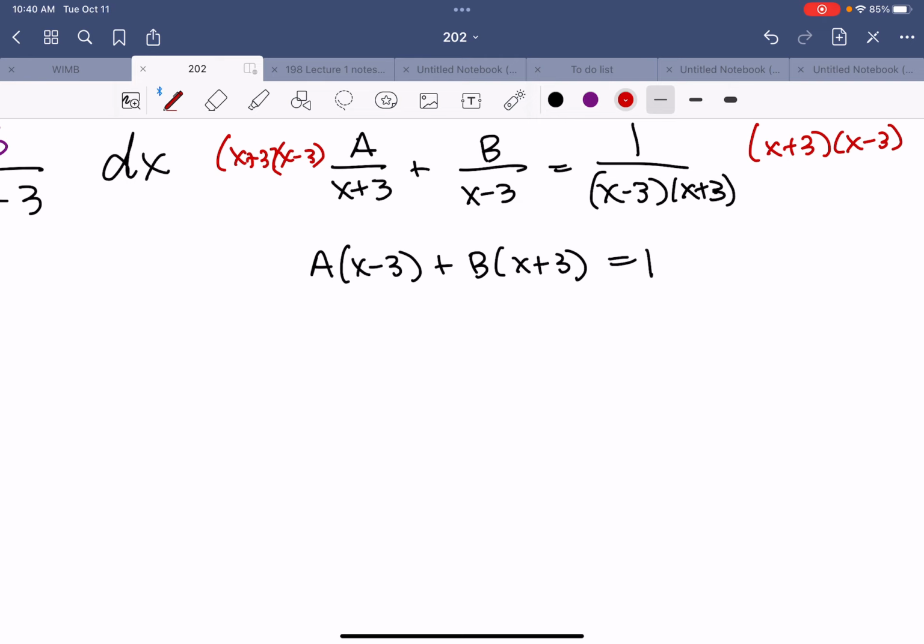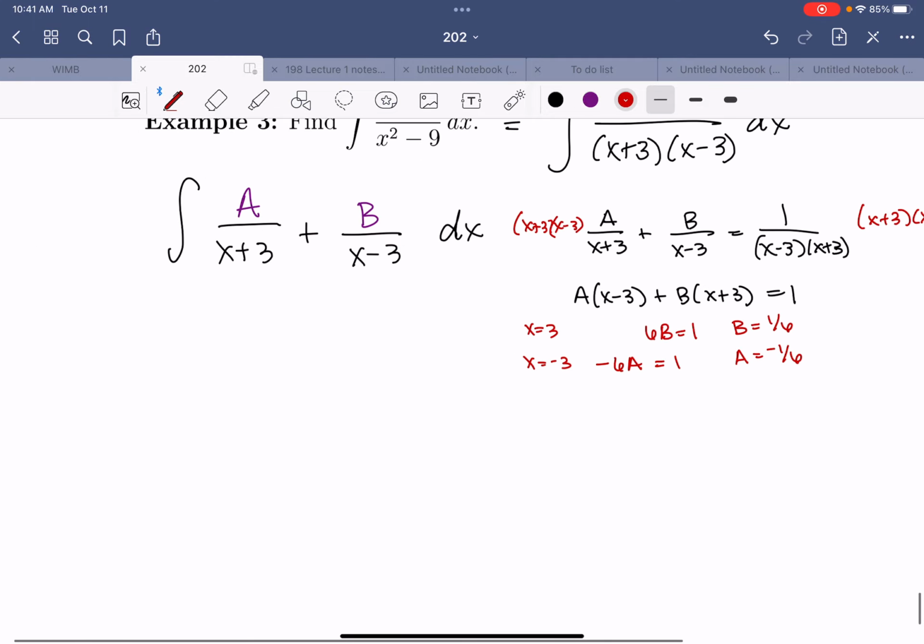Notice that there are no x's on the right, so your ax plus bx is going to be equal to 0. But I'm going to use choices of values. So if I let x equals 3, that means the a term goes away and I get 6b equals 1, or b is 1/6. If I use x equals -3, that's going to give me -6a. The b term goes away and that's equal to 1, so a is -1/6.